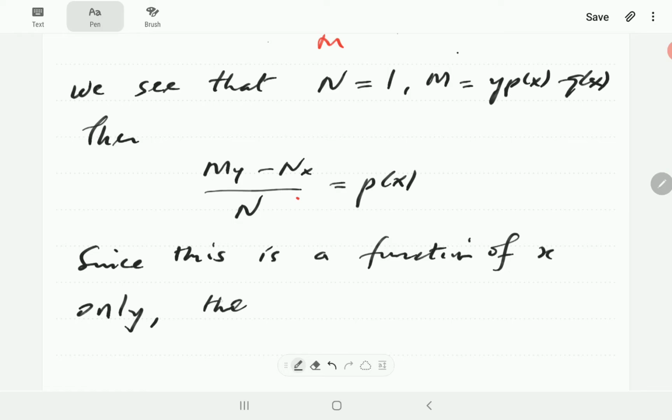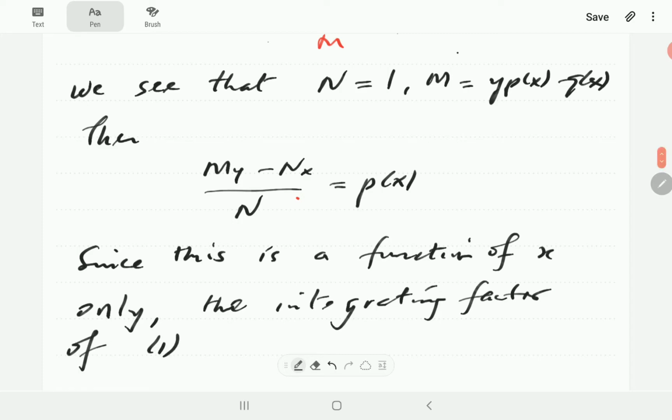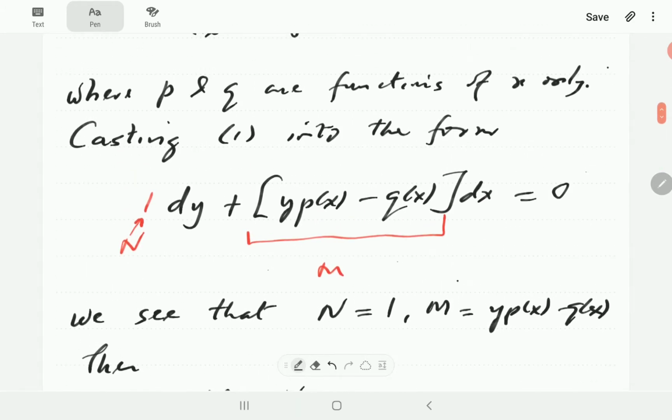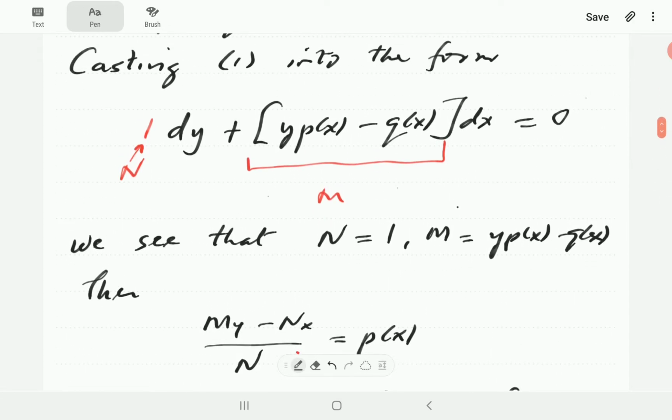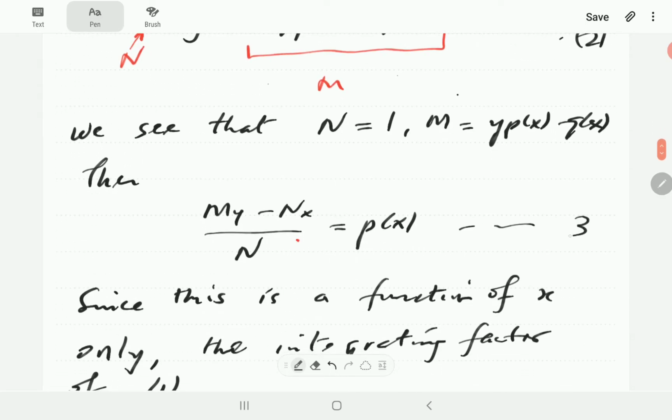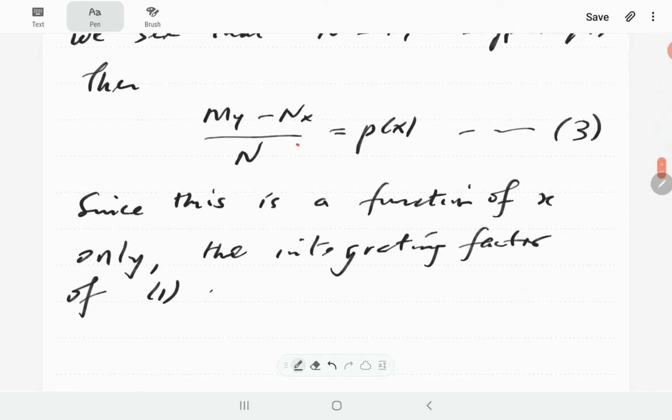then the integrating factor of equation 1 there, let's call this one 2, let's call this one 3.